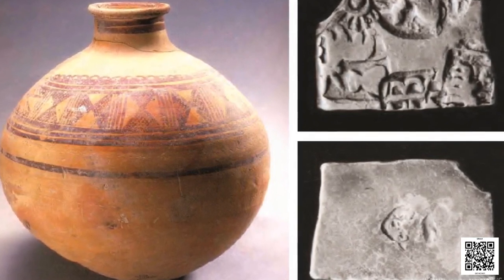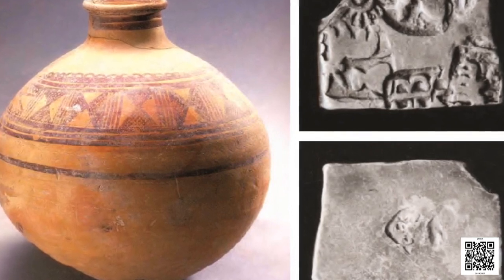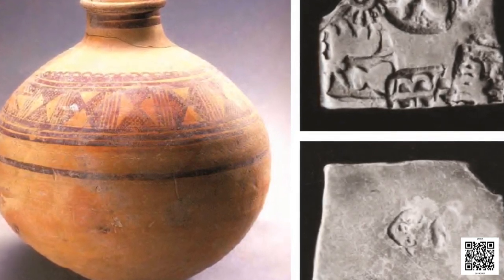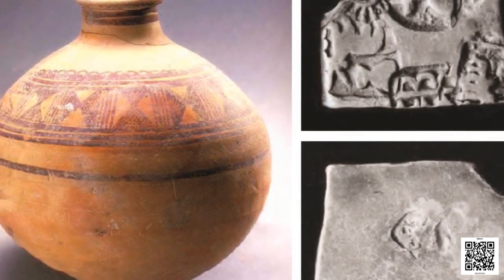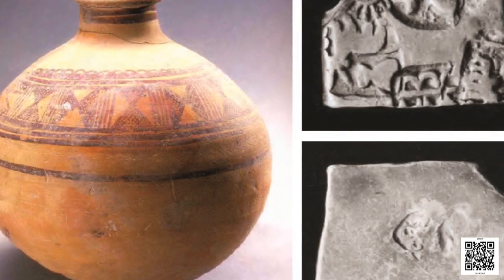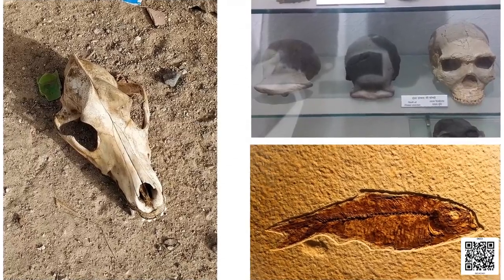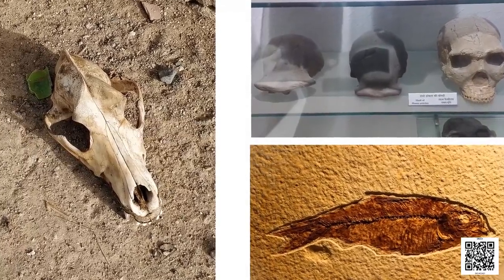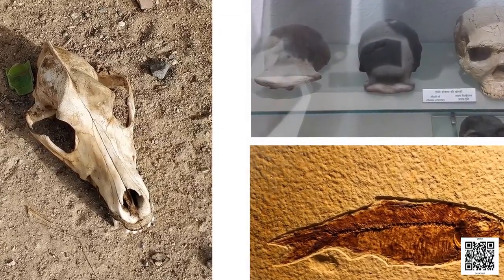Some of these objects may be made of stone, others of bone, baked clay or metal. Objects that are made of hard, imperishable substances usually survive for a long time. Archaeologists also look for bones of animals, birds, and fish to find out what people ate in the past.